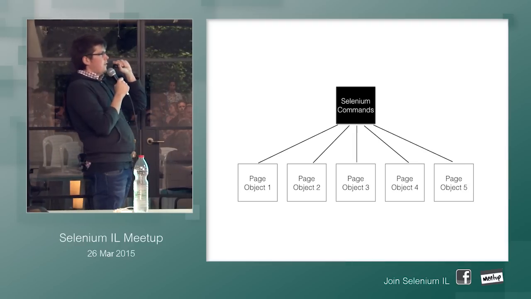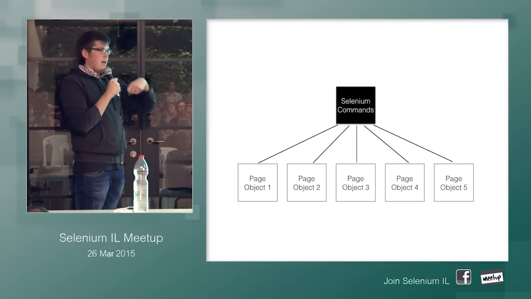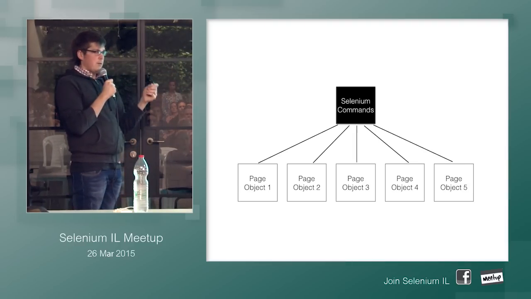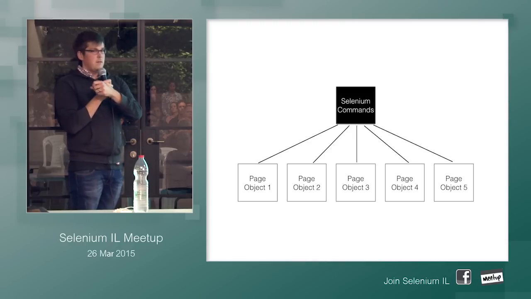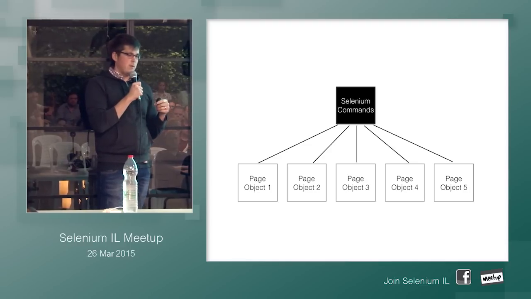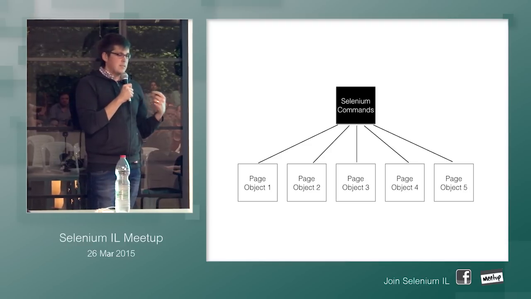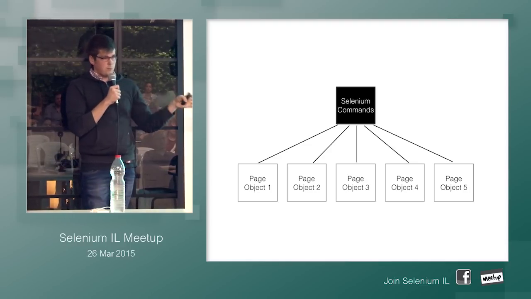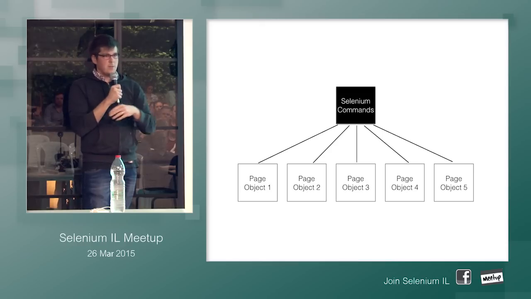And then if there was an update to Selenium that had breaking API changes, we'd have to go and update all of our page objects. Plus, we don't really have a central place to handle exception handling unless we went through all of our page objects and put it in different places. So we don't have a centralized place to control all that.